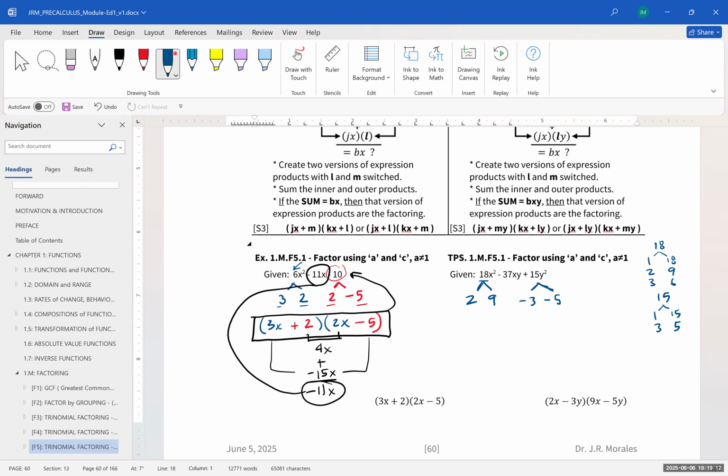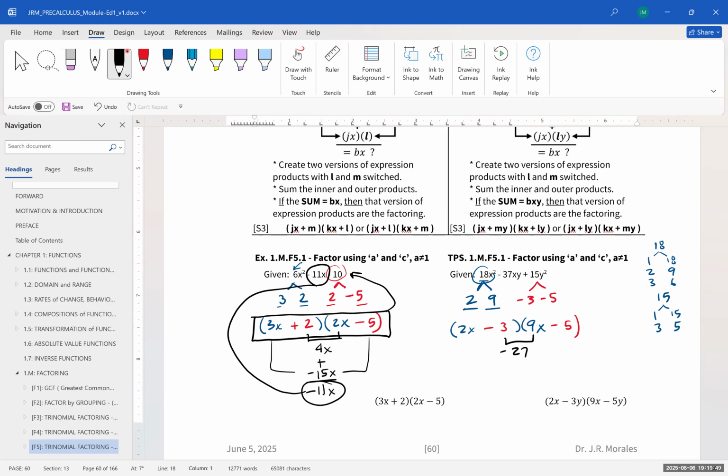So the factors of our leading coefficient become the terms with x in each expression, like that. And again, let me use a different color here because that'll help map this out. So we're going to have negative 3 and negative 5 like that. Now let's look at these inner terms.